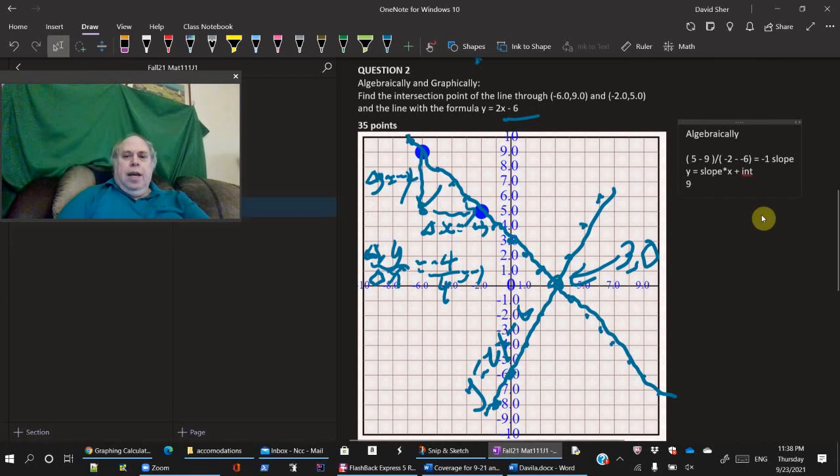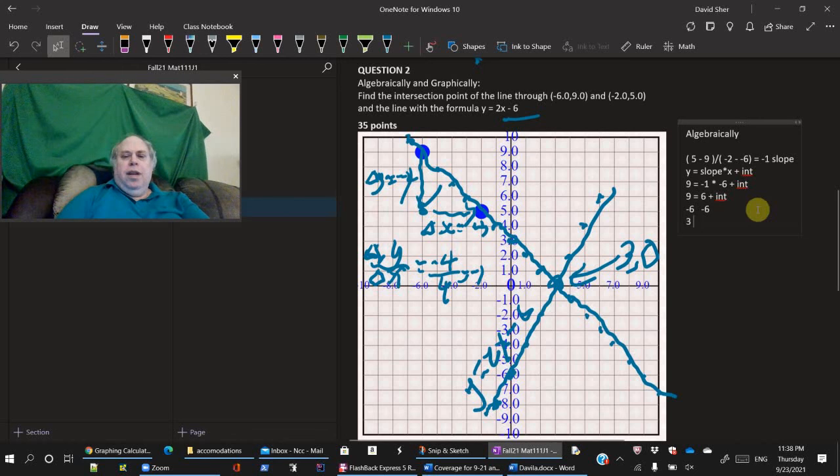So 9 equals minus 1, that's our new slope, times minus 6 plus intercept. Minus 1 times minus 6 is 6. So we get 9 equals 6 plus intercept. We'll subtract 6 from both sides.